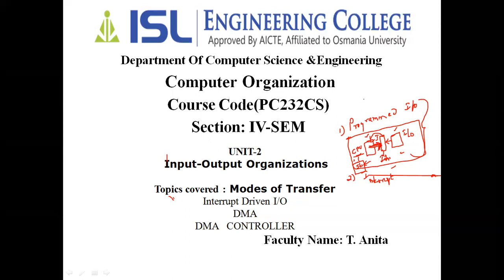That is the main drawback with programmed IO and interrupt-driven IO. A bulk amount of data is not going to be transferred. So in order to have a bulk amount of data transfer, we have another transfer mechanism called DMA. DMA is nothing but direct memory access. So this is the DMA.